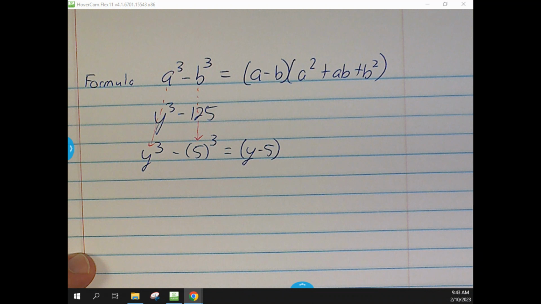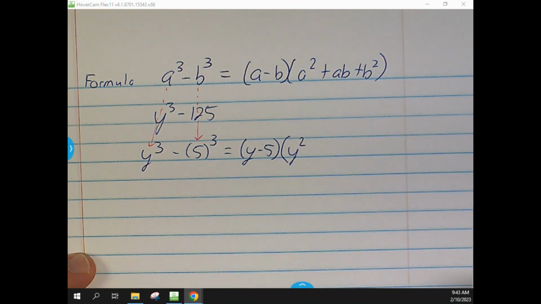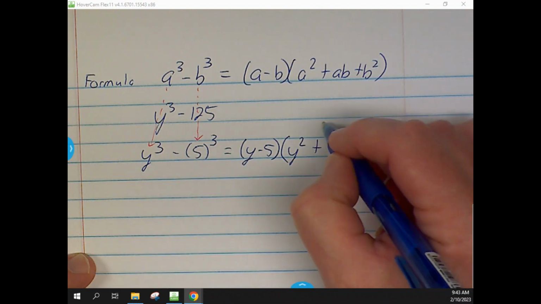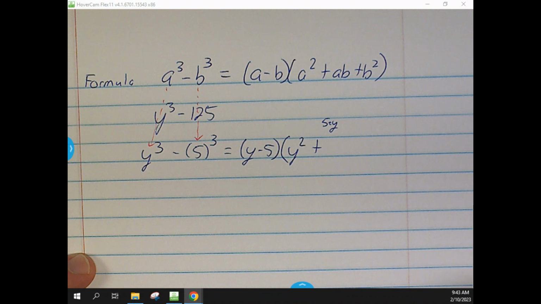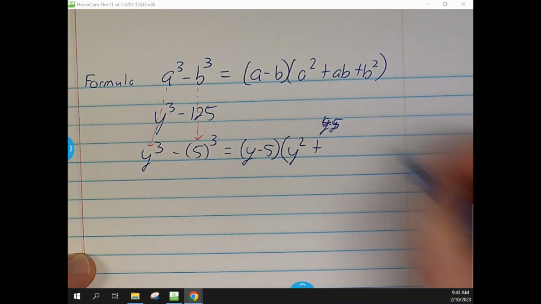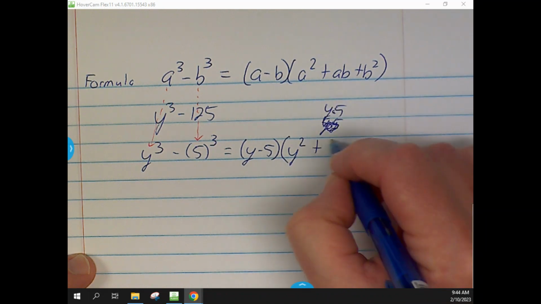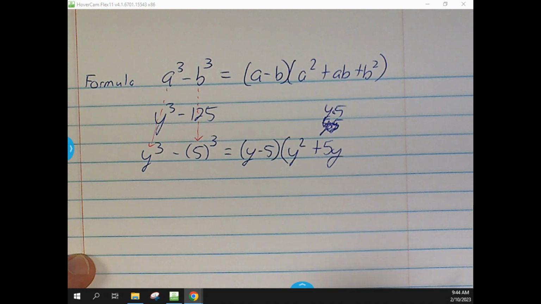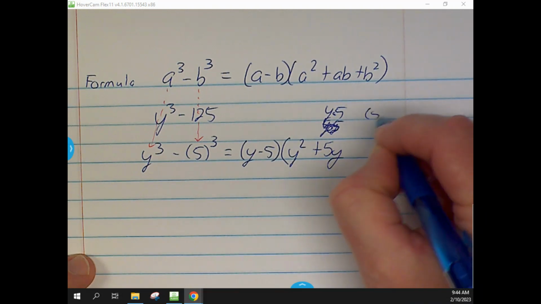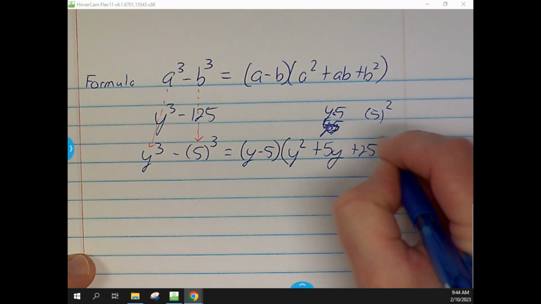So that's y minus 5 times y squared plus. Now we're going to do y times 5, or 5 times y if we stick to the numbers on that one. But wait, did I do it the wrong way? No, it should be y times 5 if you put it in order. But let's go ahead and rearrange it and make it 5y, because that's the way we're most of the time used to seeing it. And then 5 squared, oh, let's go ahead and make that 25.